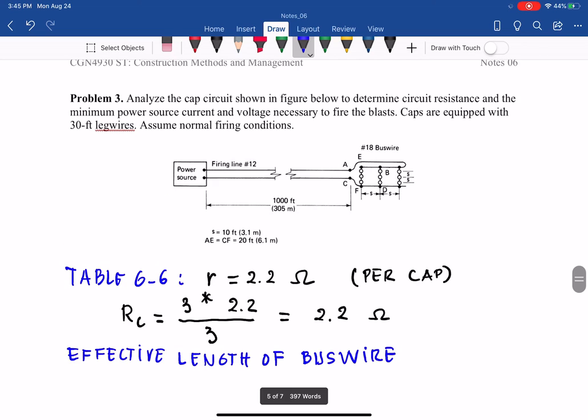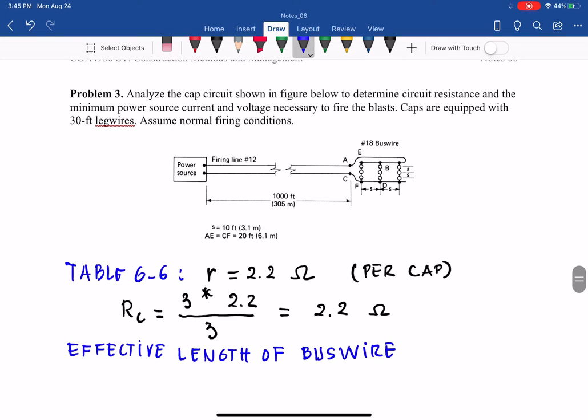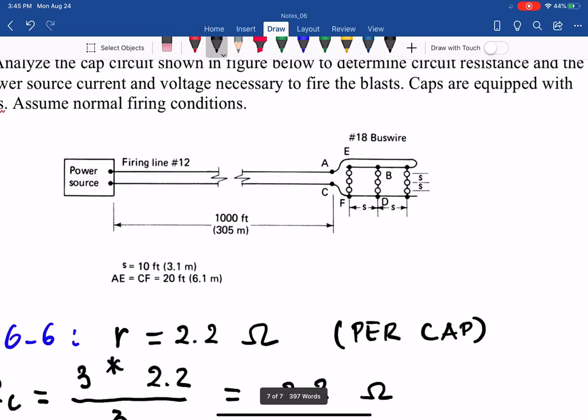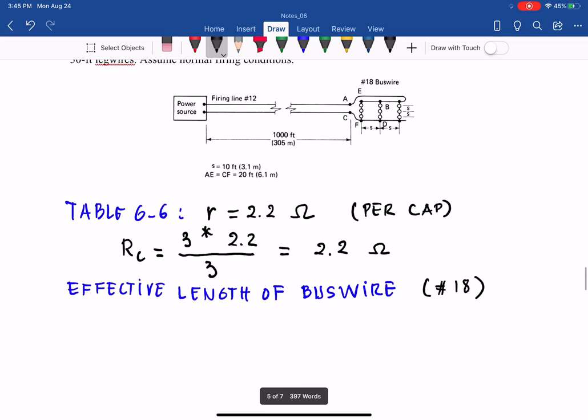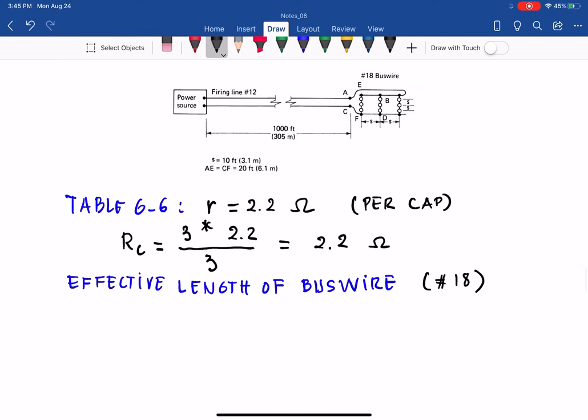In this case, they give us number 18, as you can see given in the problem, for the bus wire. And then we can go to table 6-7.